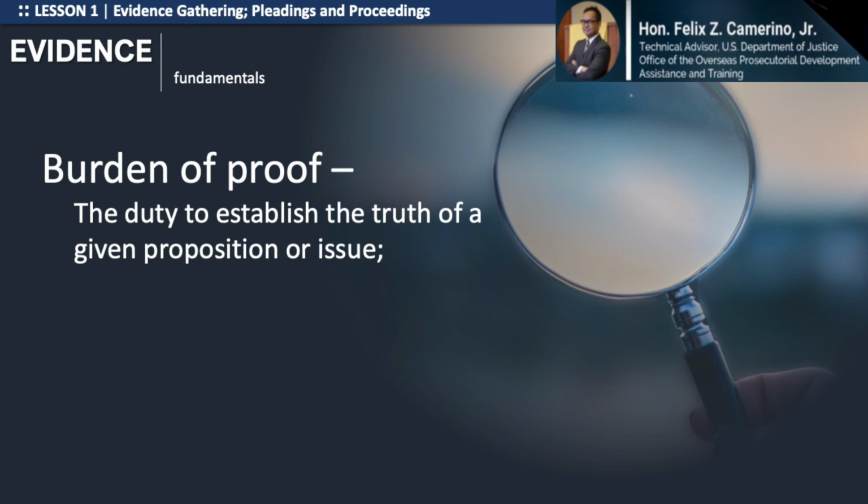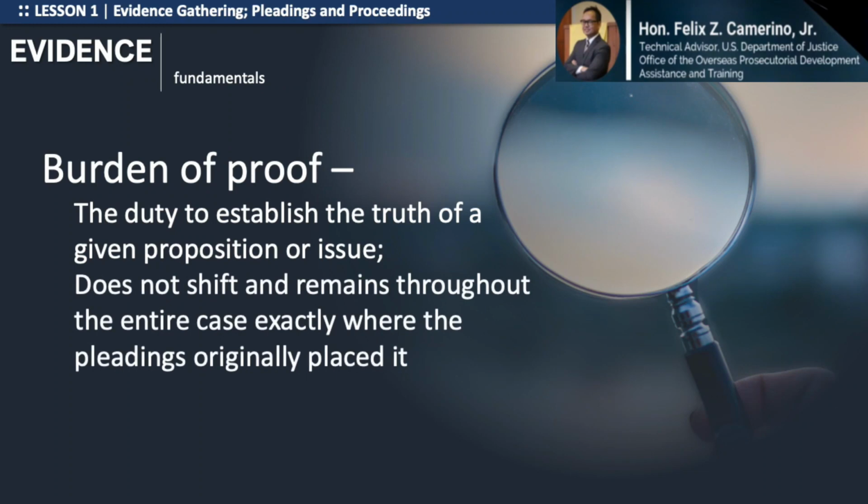So it's their duty. The burden is on them to prove that. In these types of cases, when we're talking about burden of proof, we're talking about something that isn't shifting. It's usually static.